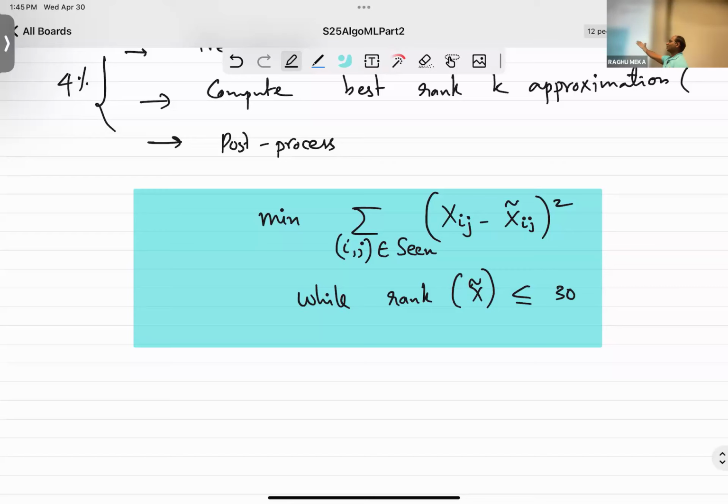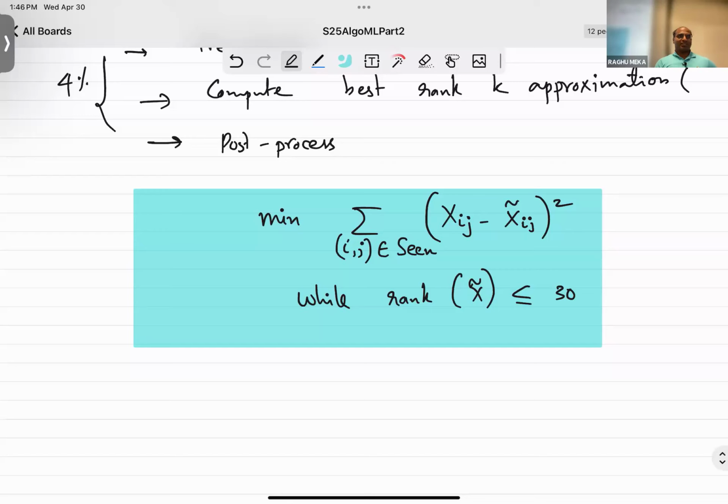But this is an optimization problem. When I say an optimization problem, what is something you can try and do? We can try and do gradient descent, but there is a problem. What's the problem? Yeah, we have a constraint. It's not convex. Okay. So first, it's a constrained optimization problem, and it's not convex, right?